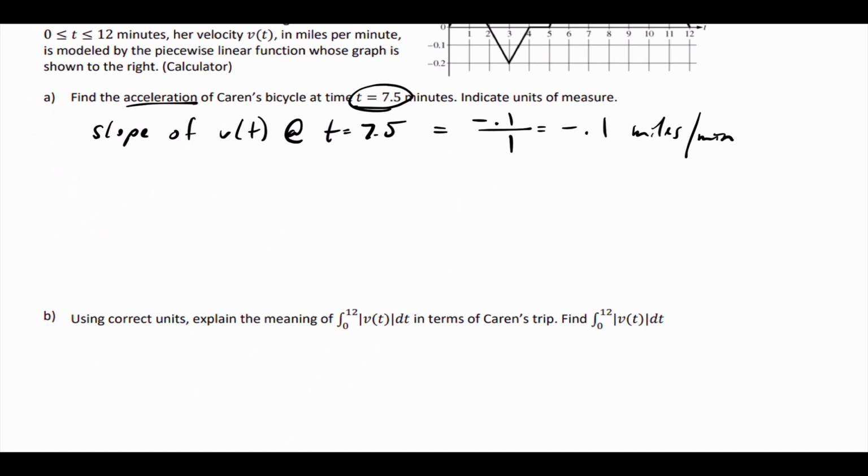If it was velocity, but it's acceleration, so the time is going to be squared. Because it's a rate of a rate. That's what acceleration is. It's a rate of a rate. Okay, there you go. The keys to the answer are in the question. You just have to be able to pick them out. They're always going to give you enough information, but you just got to know what to look for.